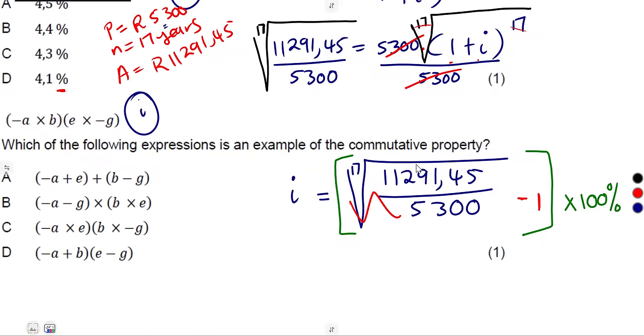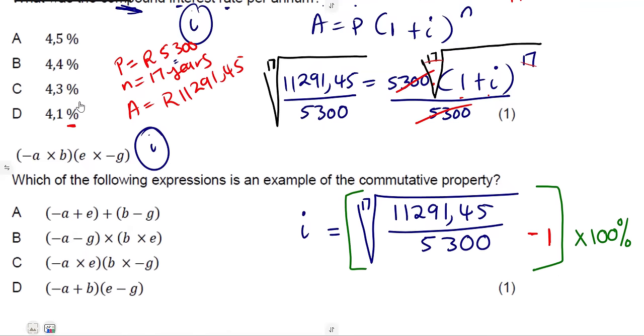This is for the sake of obtaining exact values. So here we do not simplify it, just leave it like that, so that we obtain exact values. Guys, look at the answers. We are given 4.3, 4.4, 4.5, 4.1. So any slight rounding off of answers can give you another answer which is wrong.